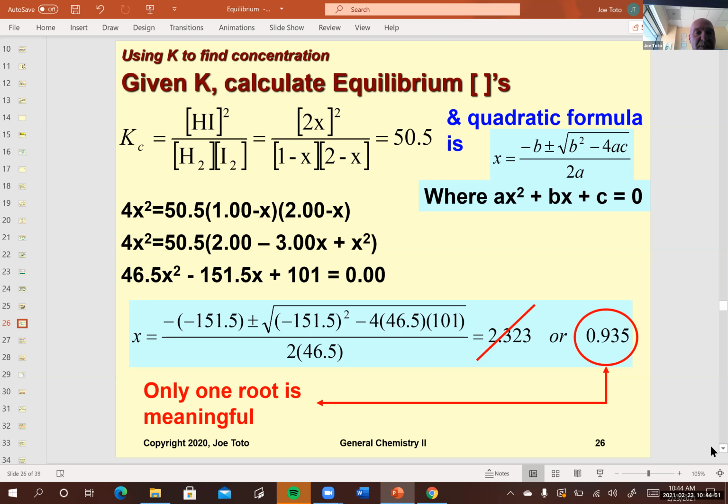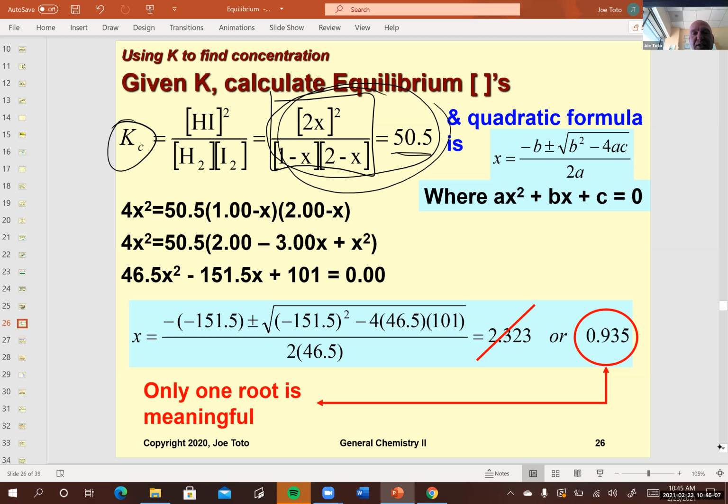So again, we have the definition of the equilibrium constant in terms of that algebraic parameter, and I'm given that equilibrium value, or I looked it up in the textbook. So now I multiply all of this out to get an equation that equals 0.